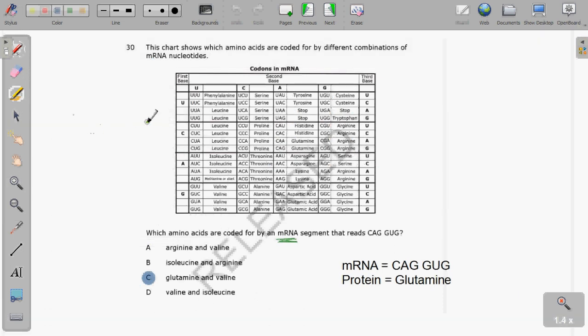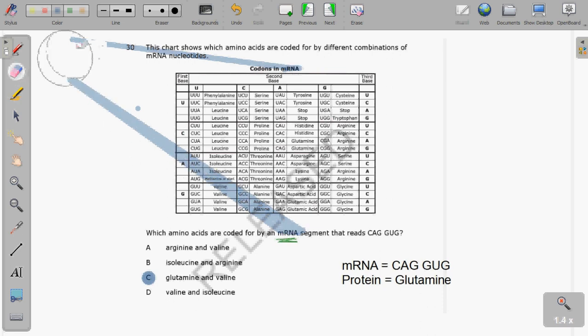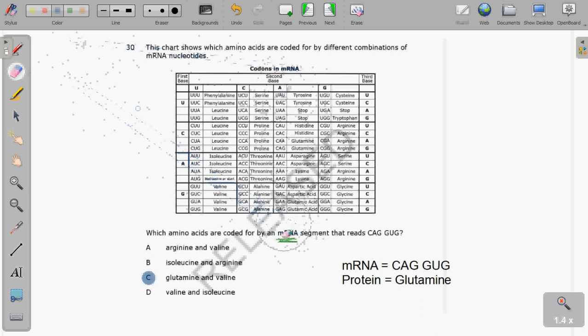One of the things that you're going to have to be able to do is transcription and translation. Now, in this question, this is a release question. They give you the mRNA codon chart, but they also give you mRNA down here. So they're giving you mRNA in both places.